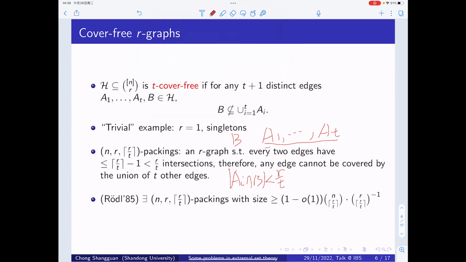So the union of t edges cannot cover B entirely, because r over t times t is r, and the intersection is less than this number.